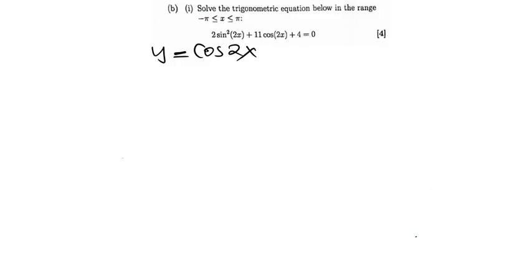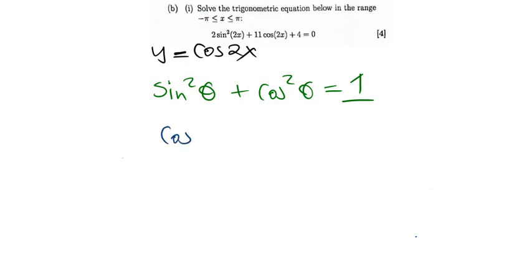Now there is a very familiar formula. Sine squared of any angle theta plus cosine squared of any angle theta should be equivalent to 1. And so if you make any of the two the subject, let's say you make sine the subject, sine squared of theta is equal to 1 minus cosine squared of theta, right?